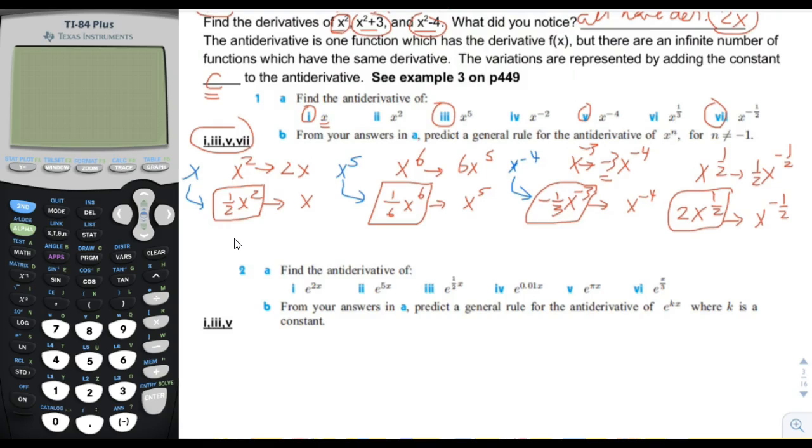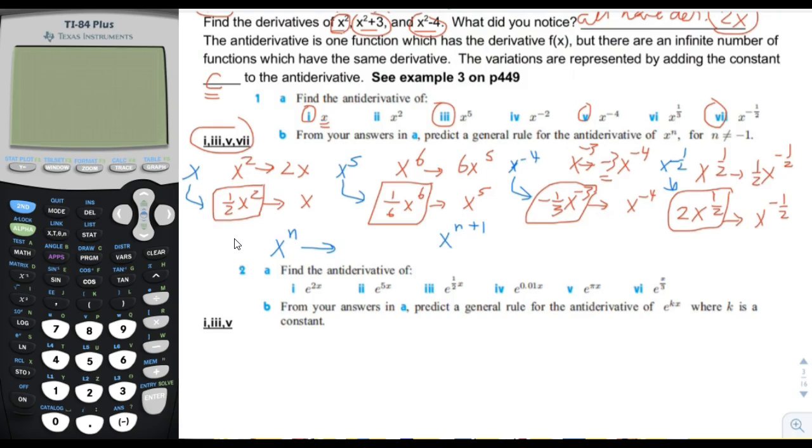And the last one, we started out with x to the negative 1/2, and we ended up with 2x to the 1/2. So it looks like if we start out with x to the n, we're always increasing the power by 1, right? x to the n plus 1.